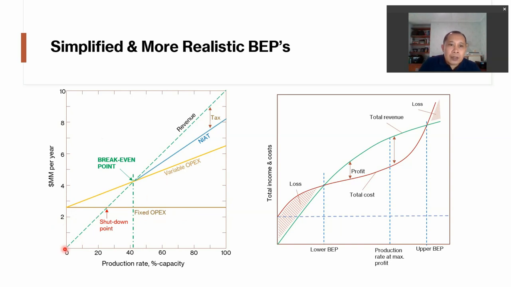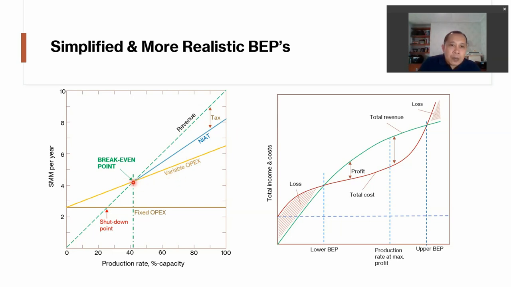And this one, the dashed green line, is the revenue or sales of the product as a function of production rate. Of course, if the production rate is 0, then you're not selling anything, so the revenue will also be 0. So the intersection between the revenue curve and the total OPEX curve is the break-even point. By the way, the golden colored line is not just variable OPEX, but actually variable plus fixed OPEX.